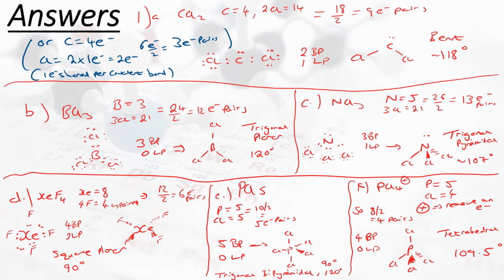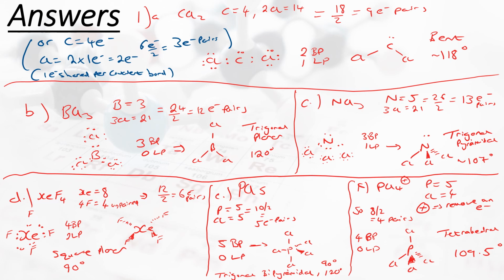Remember, our lone pair repulsions are the greatest, they're greater than lone pair bonding pair and greater than bonding pair. So our lone pairs want to go literally as far away from each other as possible. And so they go 180 degrees away from each other in these axial positions of the octahedral pseudostructure. And what we're left with is a square planar structure with bond angles of 90 degrees.